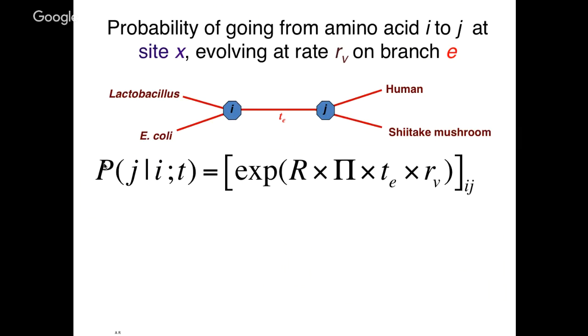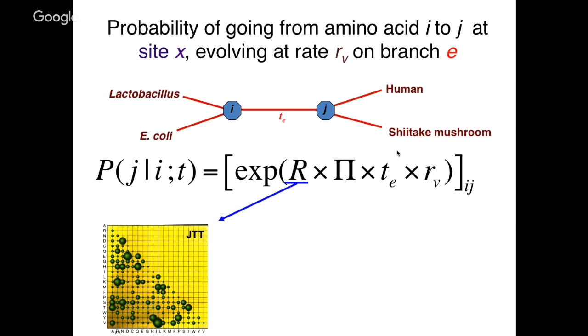And this matrix of probabilities of transition is given by the exponential of a rate matrix, and the rate matrix is scaled by the branch length and the rate of evolution of the site. So we'll go through these one by one.